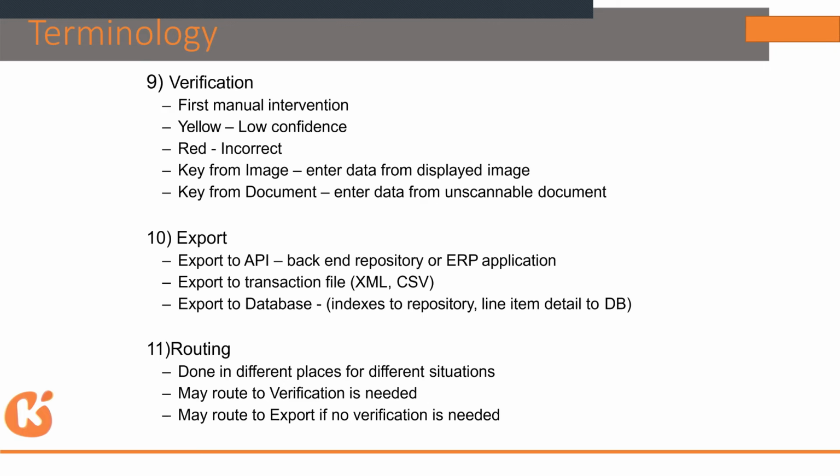If it is low confidence data, it will assign a yellow color to the field. Based on that, the user will validate the data on the document. So in the verification screen, the user can see the document which is scanned and the data which is extracted by Datacap, so the user can cross verify the data. So that is called verification.